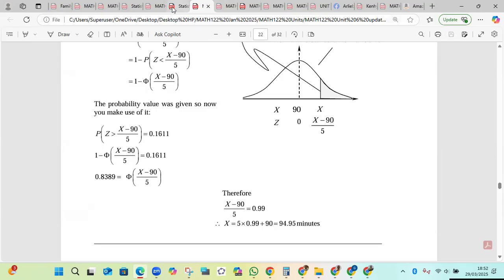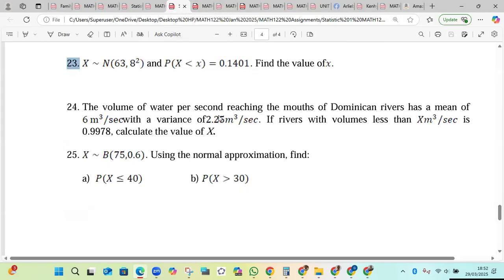But in our example now, we've got a left tail. So apparently, X is less than 63. So the Z that we get from the table, we have to put a negative sign to that Z before we calculate X. We're supposed to get a value less than 63.